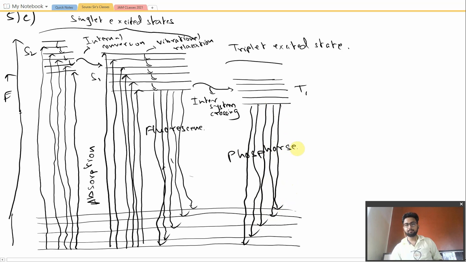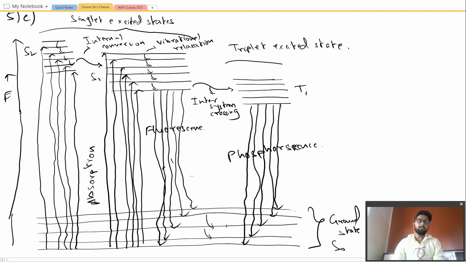And this state is known as the ground state. We name it S0, not G1. In the ground state also there is some vibrational relaxation. So this is the overall Jablonski diagram.